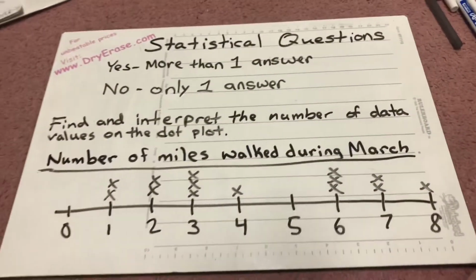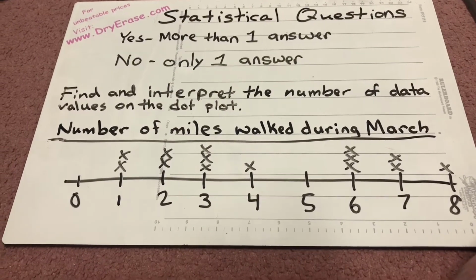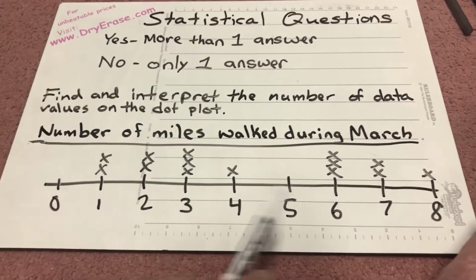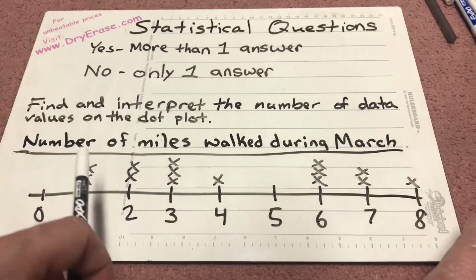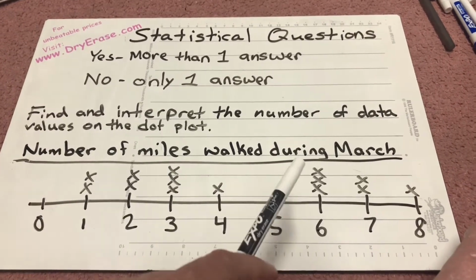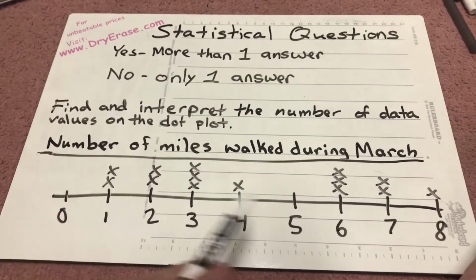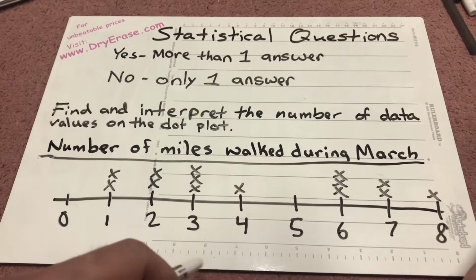Second part of what you're doing today, find and interpret the number of data values on the dot plot. So what we have here is a dot plot, also known as a line plot sometimes. And it's titled The Number of Miles Walked During the Month of March. Well, each X represents a walk that went that many miles.